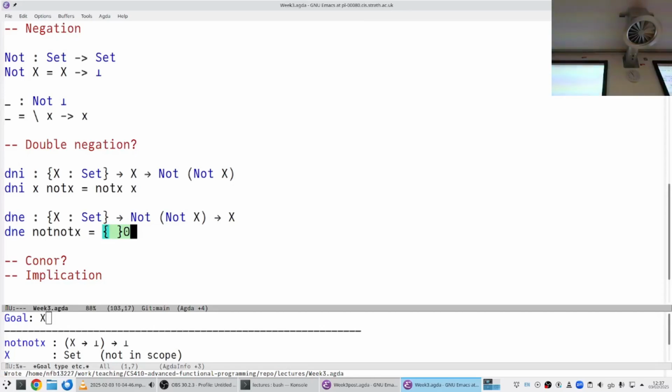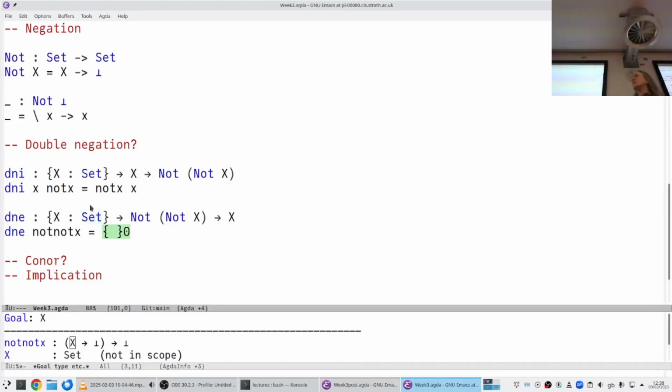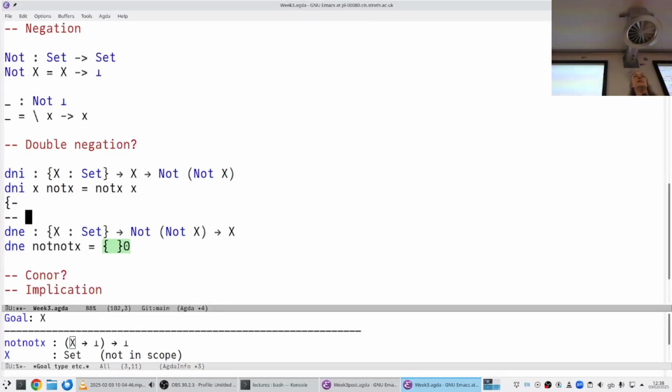So one problem if you try to implement this is that there's really two different situations, right? If you could decide if x has a value or not, then if x has a value, we could give that back. But it could also be the case that x doesn't have a value, in which case this not x is impossible, right? So if we knew whether X was inhabited or not, we would win this game. But if we don't know that, then we don't know which one of these two strategies to pursue, right?